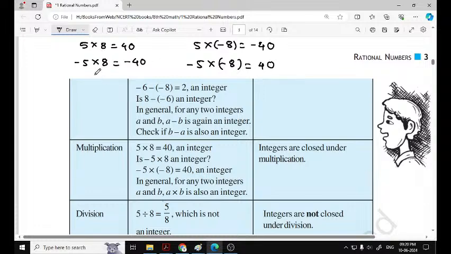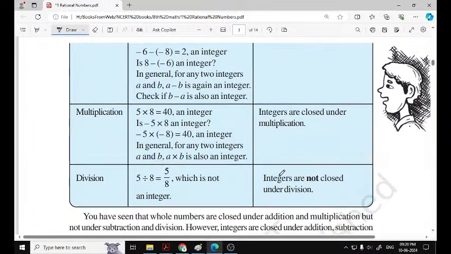So the product of any two integers gives you an integer, therefore integers are closed under multiplication.